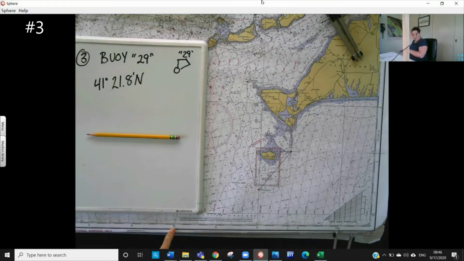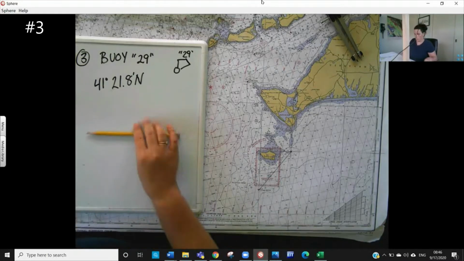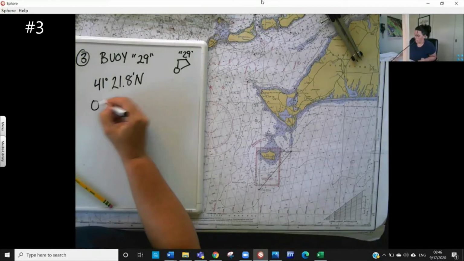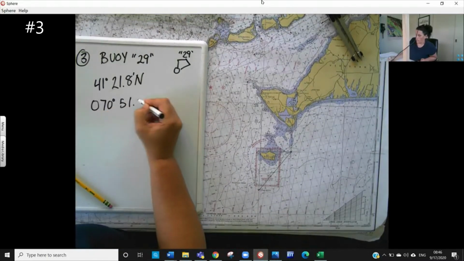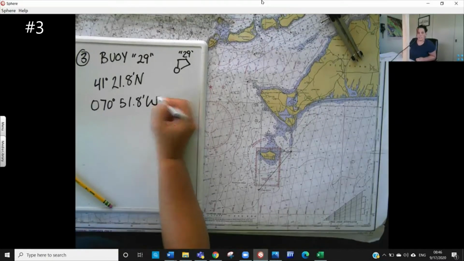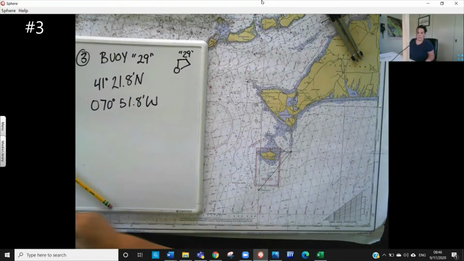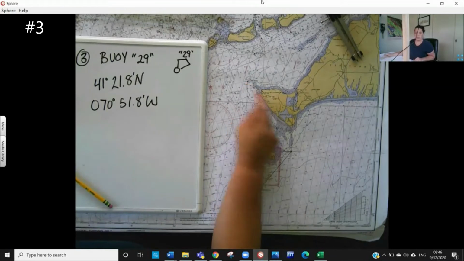So we are at 70 degrees, 51 point, I'm going to say 0.8. So we're at 070, 51.8 minutes west. And that's our latitude and longitude for buoy 29.